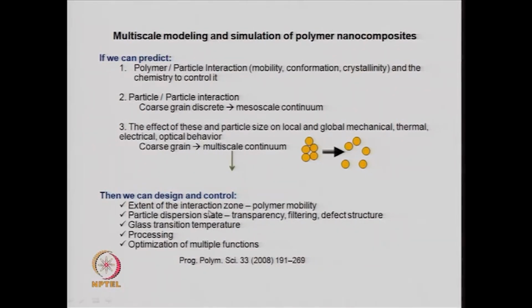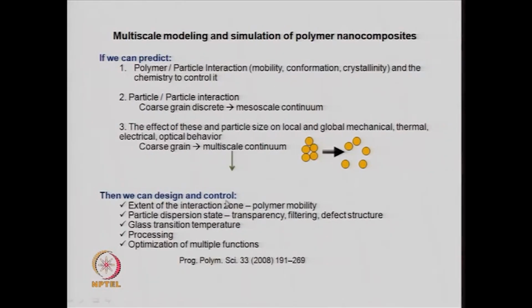composite by the extent of the interaction zone, the polymer mobility, the particle dispersion state, the transparency, the structure of the defects, and the glass transition temperature. A polymer behaves like an amorphous solid, a glass, below a transition temperature which is called the glass transition temperature, and it is very important to understand the glass transition temperature to understand many of the properties of these polymers.